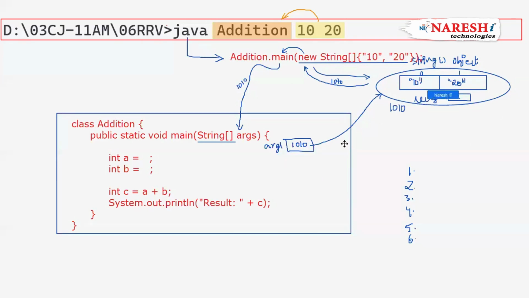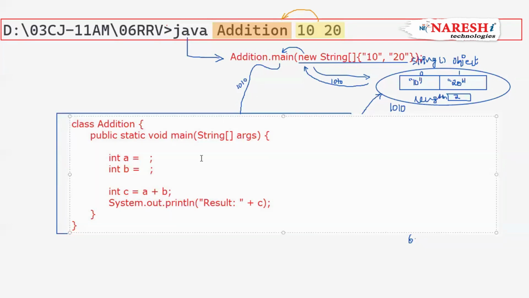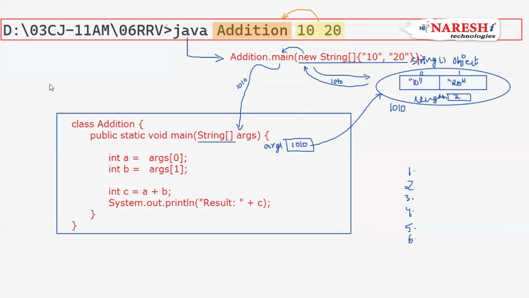If you want to read values from the array, what syntax do I have to write? args of 0, args of 1. How to read values from the string array? The string array object name is args. args of 0, args of 1.